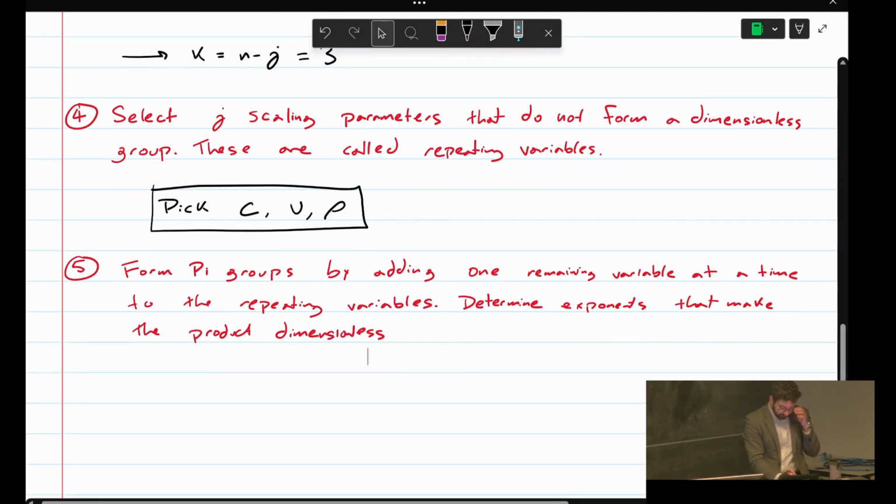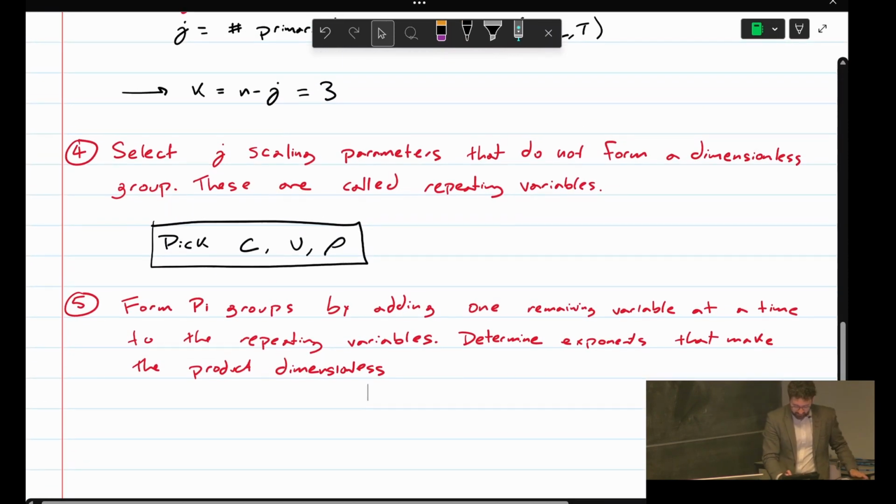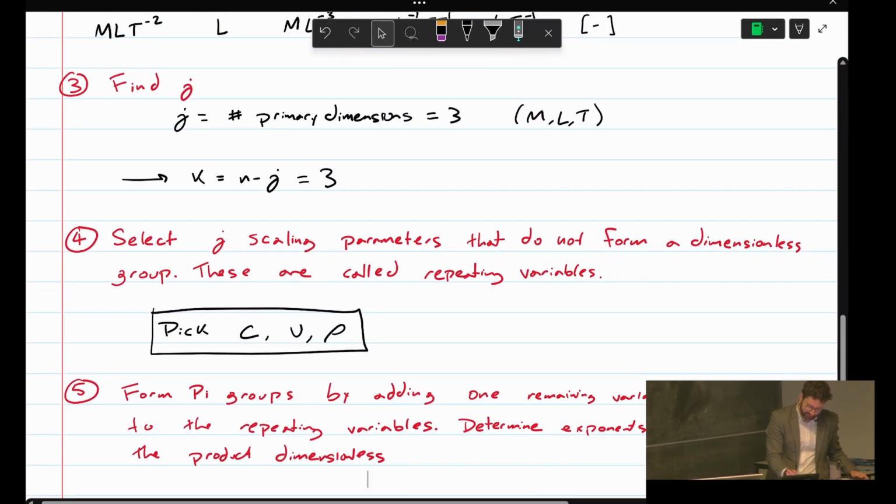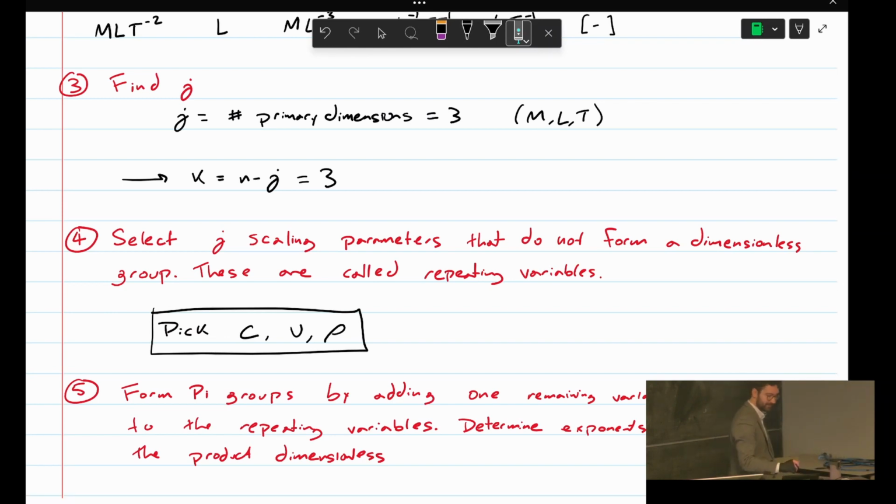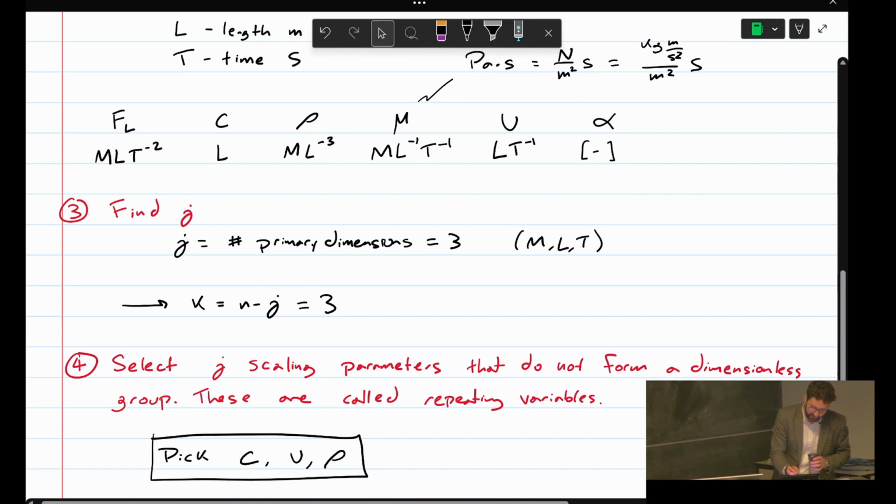So what do I mean by that? We picked these repeating variables, C, U, and rho here. So our remaining variables are FL, mu, and alpha, right?